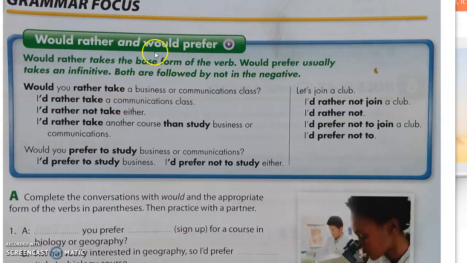If you want to use the expression would prefer, which has the same meaning, you have to use an infinitive. Here's a question. Would you prefer to study business or communications? A contraction again, I'd prefer to study business.